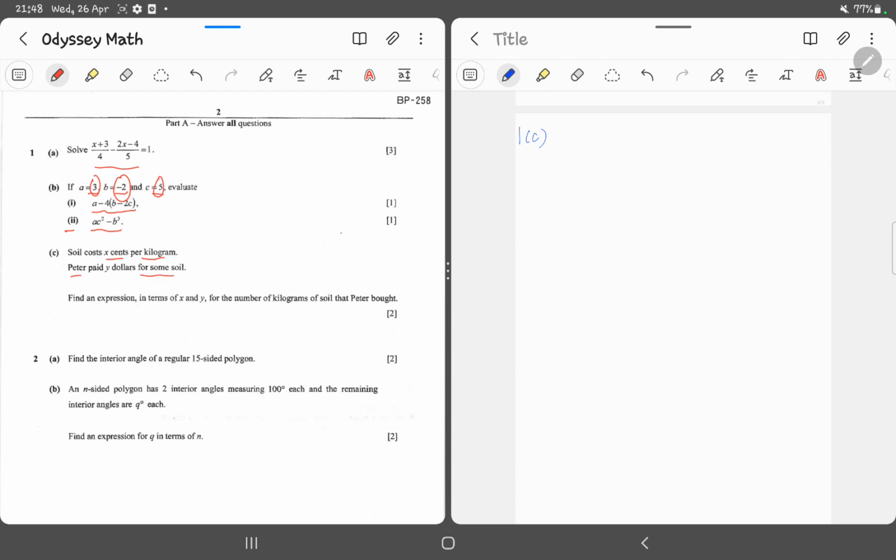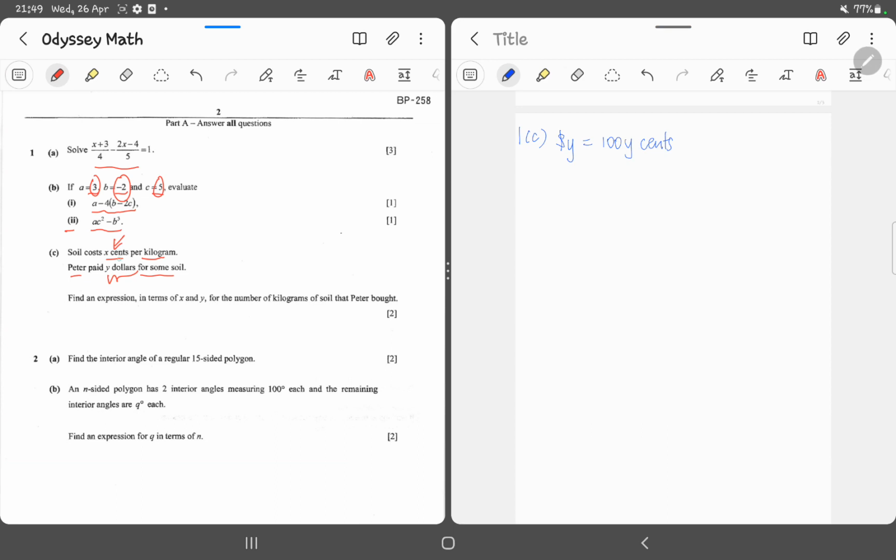Let's do it in terms of cents, because the cost of the soy is in cents. So we convert the y dollars into cents. Think of it this way: $1 is 100 cents, so y dollars will be 100y cents.